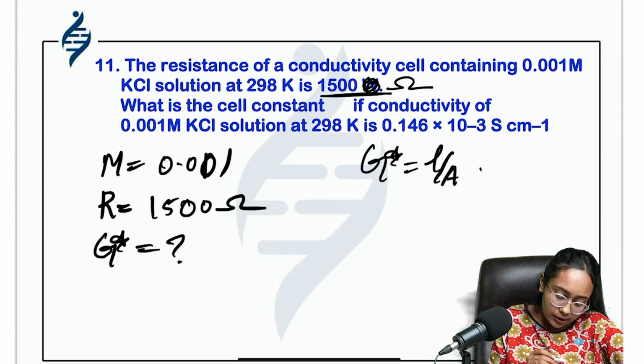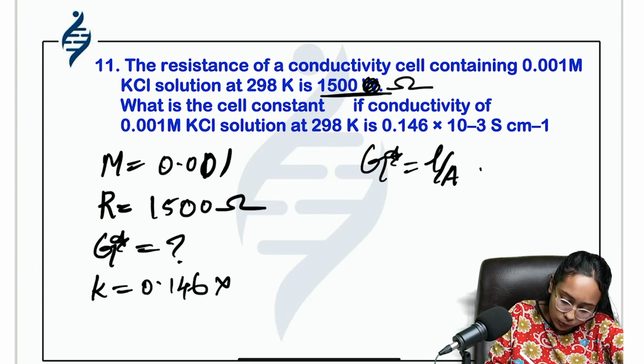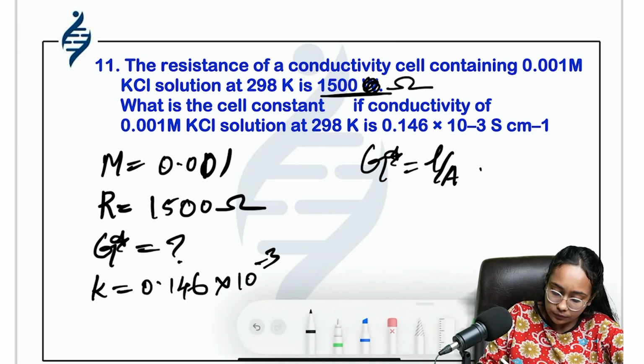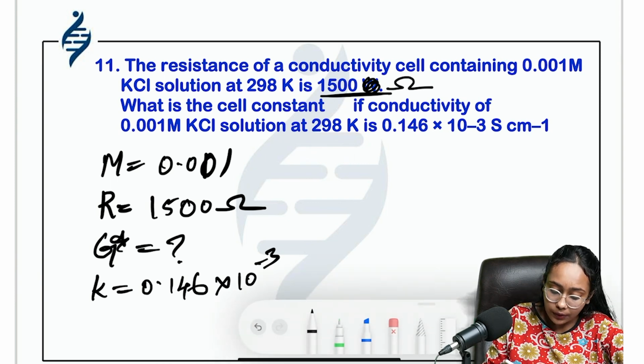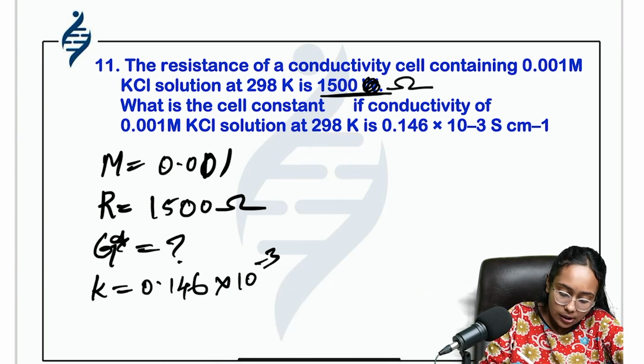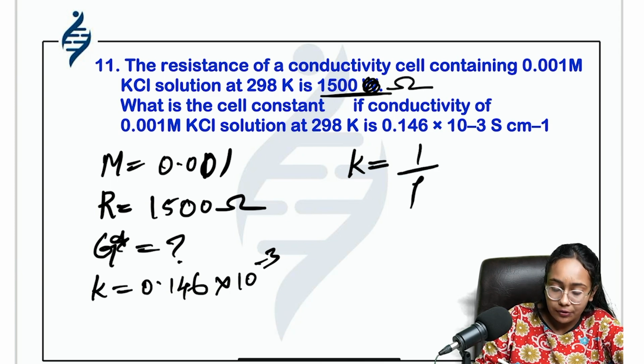If conductivity is given as conductivity K equal to 0.146 into 10 raised to minus 3, now we are going to find out the cell constant. We already know that conductivity K is the reciprocal of resistivity, right?